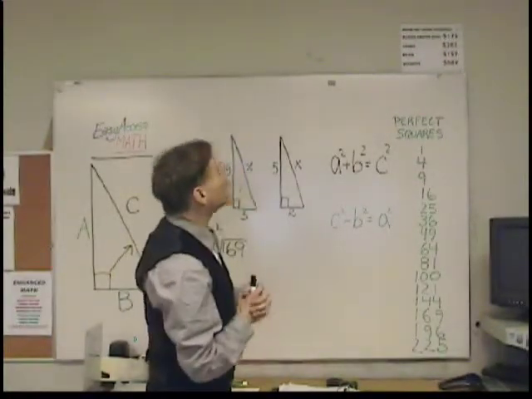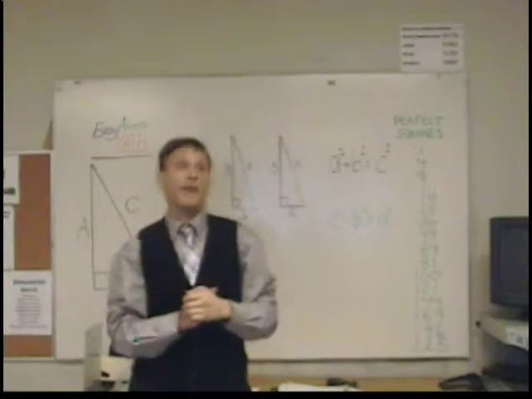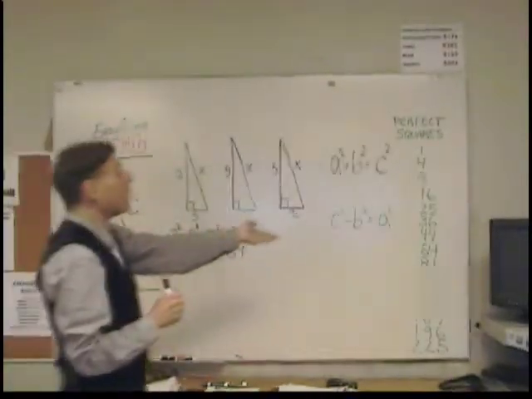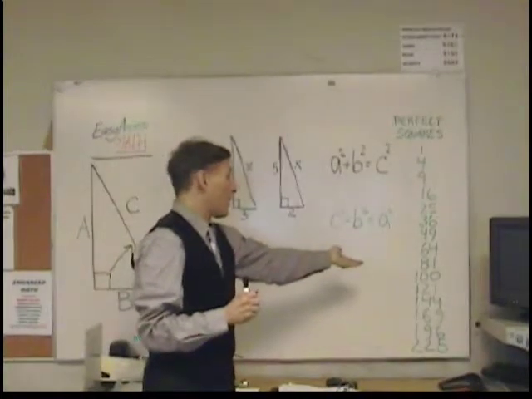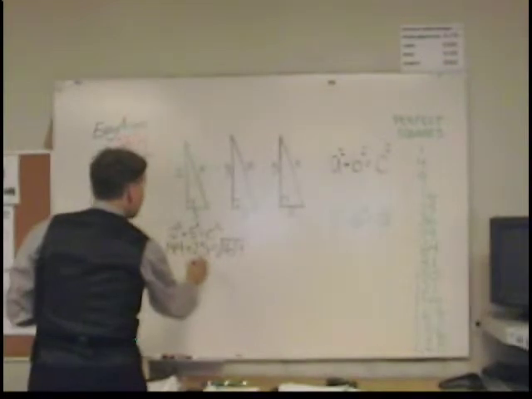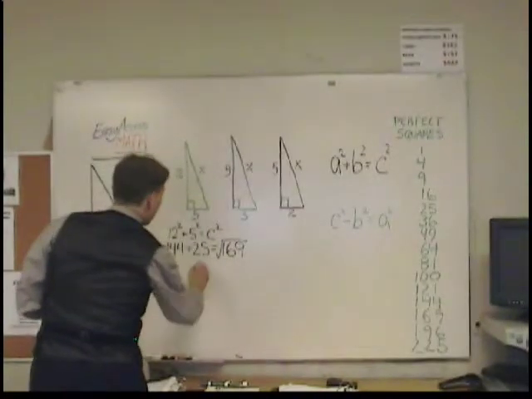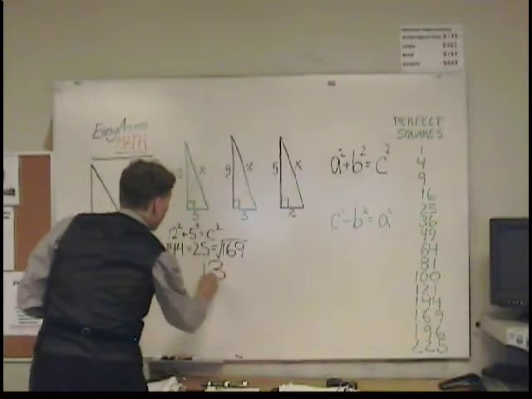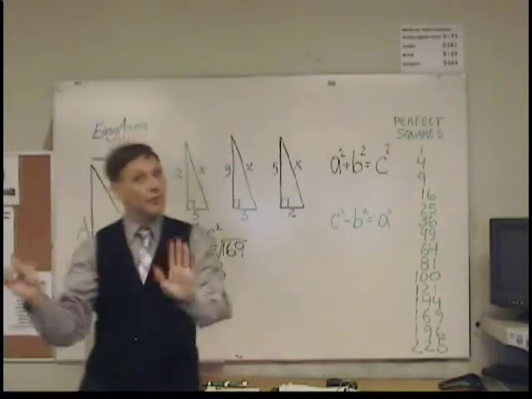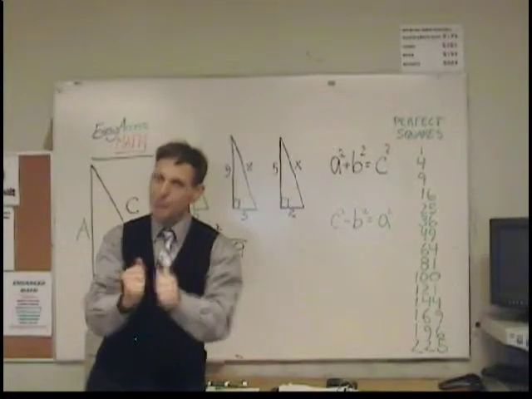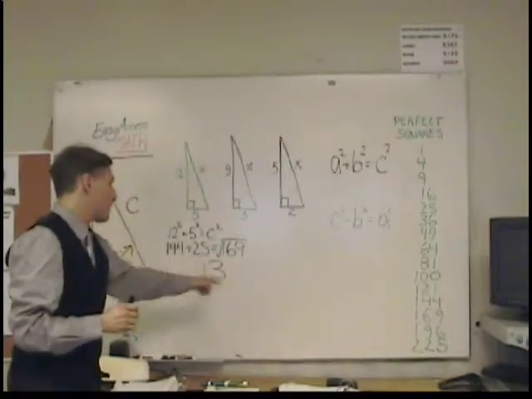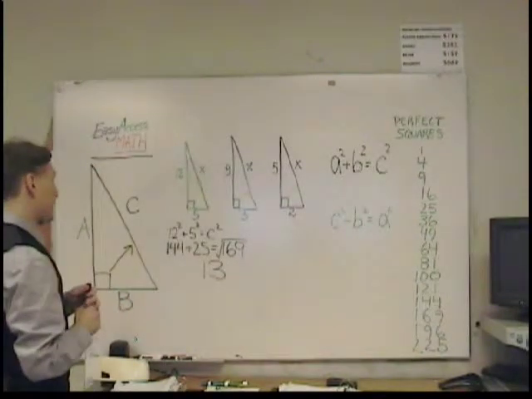I have the first 15 perfect square numbers. Now, if your answer is a perfect square, it comes down to a perfect number, as this one does right here. 169 is 13 times 13, so your answer is just 13. No square root around the 13. It's a perfect square, so it's just 13. The square root of 169 comes to 13.